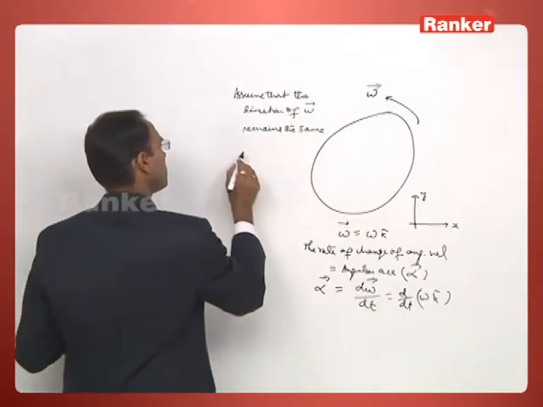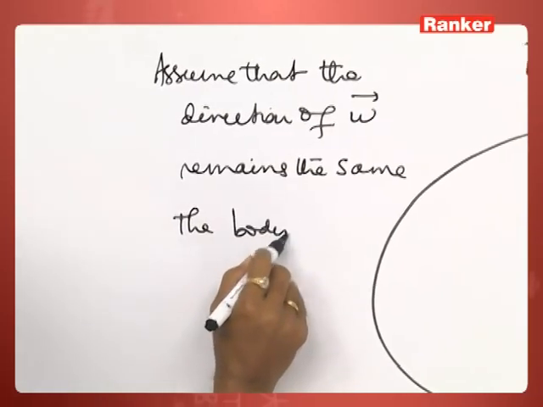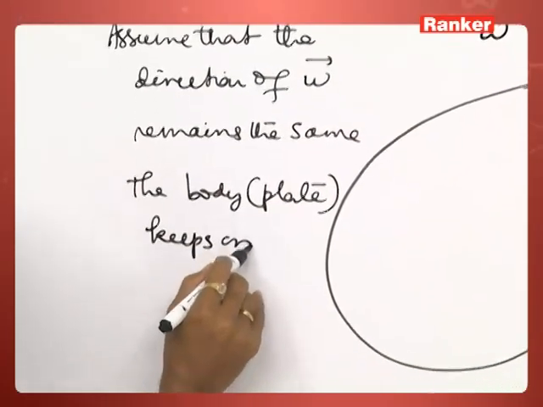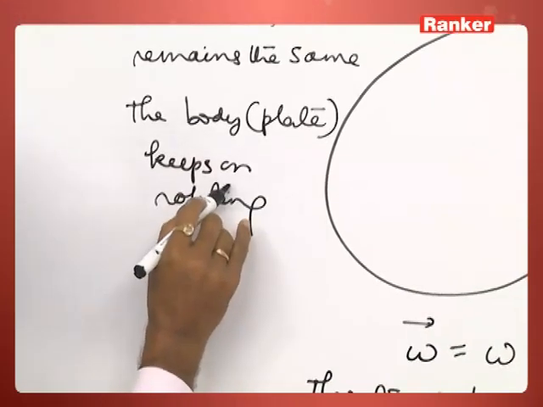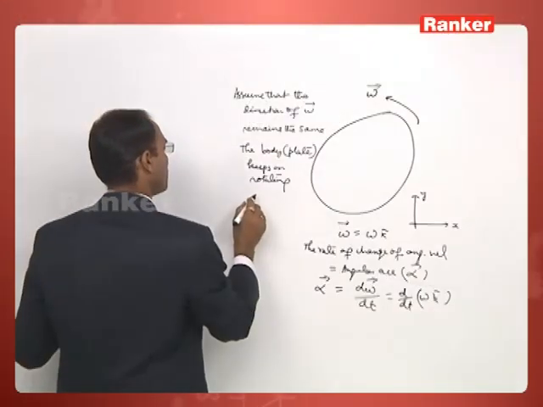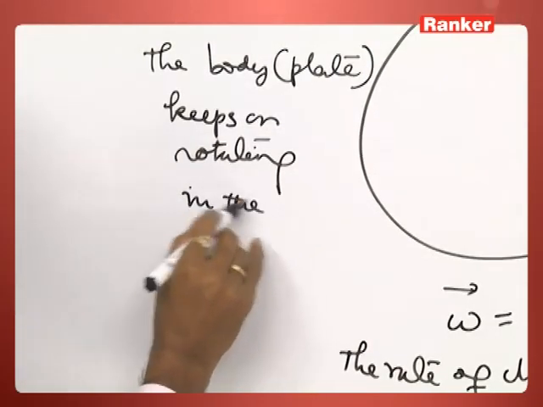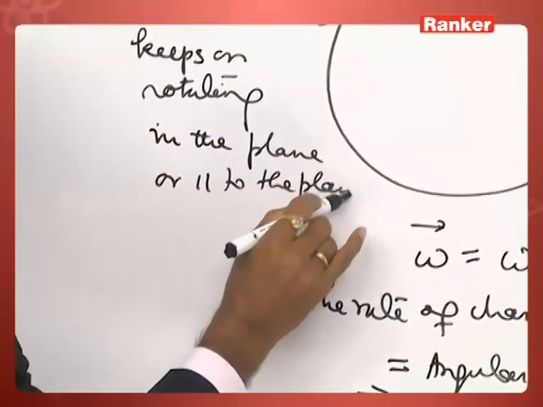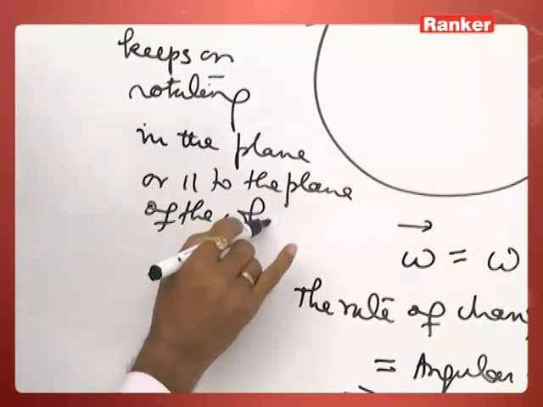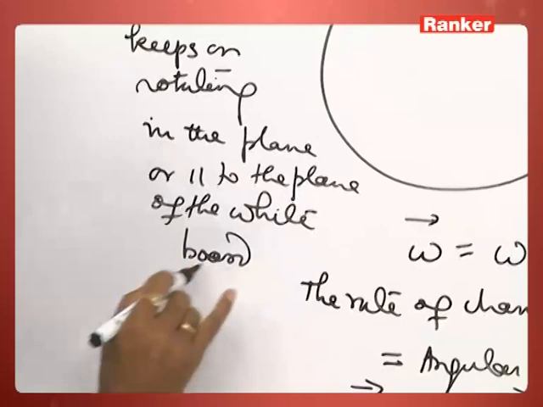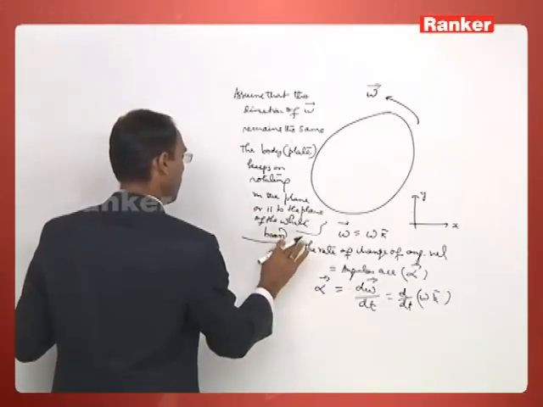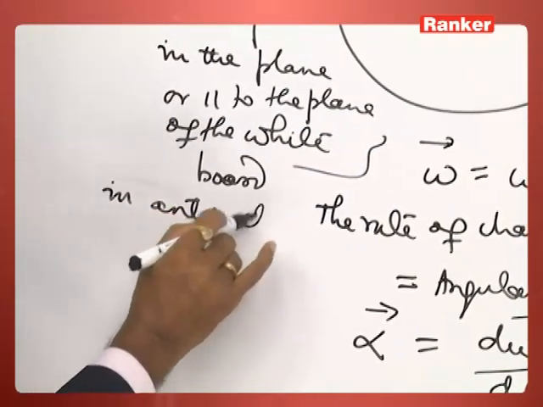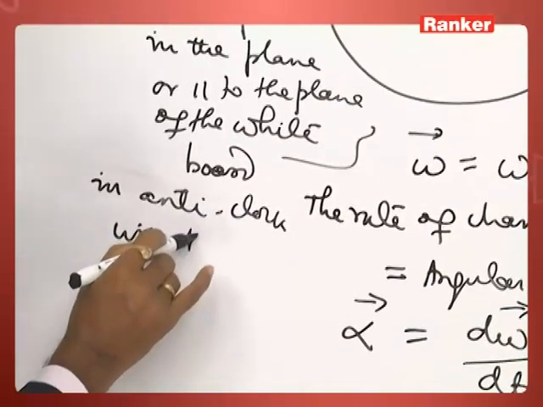In other words, the body, or for the sake of simplicity, the plate, keeps on rotating in the plane or parallel to the plane of the whiteboard, in anticlockwise sense.